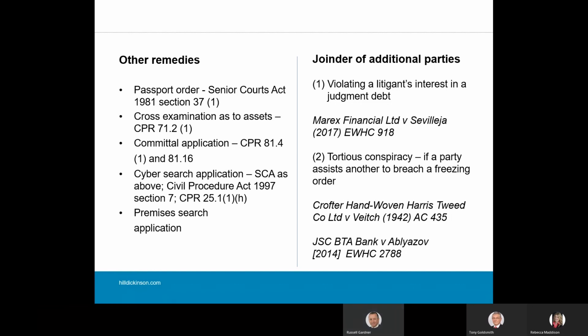So, as I say, the freezing order has led to various other consequentials, and it has drawn other people into the net in relation to the proceedings and the judgment which we're trying to enforce against a recalcitrant debtor, a serial contemnor who's doing his damnedest to hide his assets.